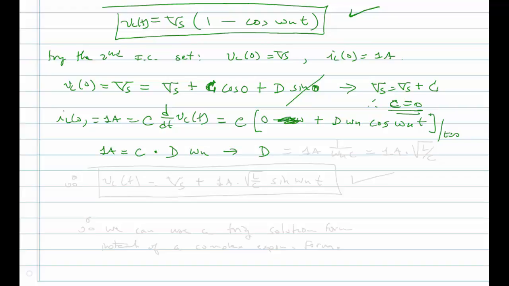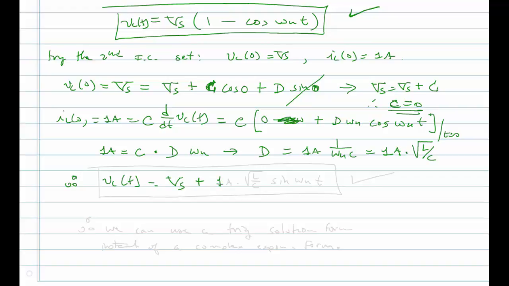And we can solve for d, which will be equal to 1 amp times 1 over omega n C, which we solved before, that's equal to the square root of L over C. So therefore, we can write it out, Vc of t is equal to Vs plus d sine omega n t.